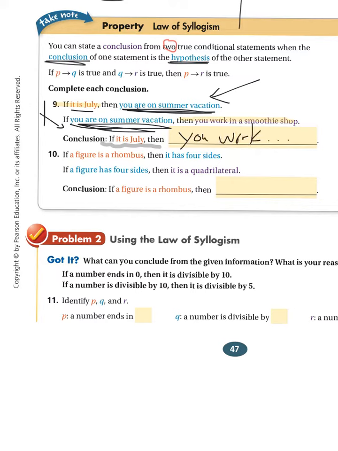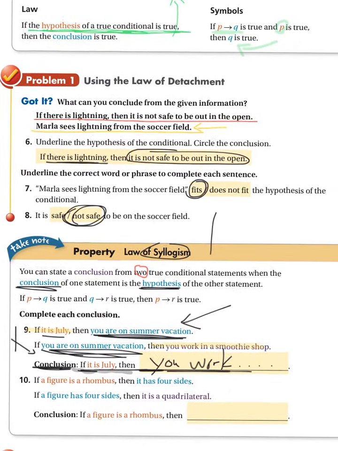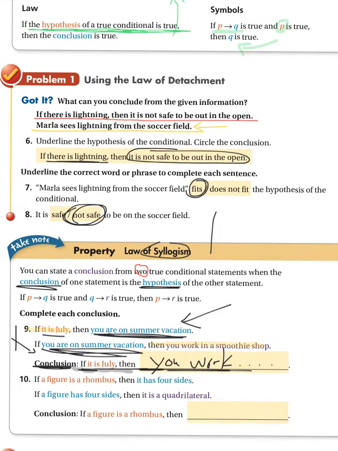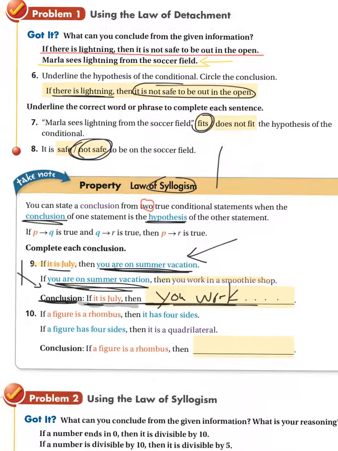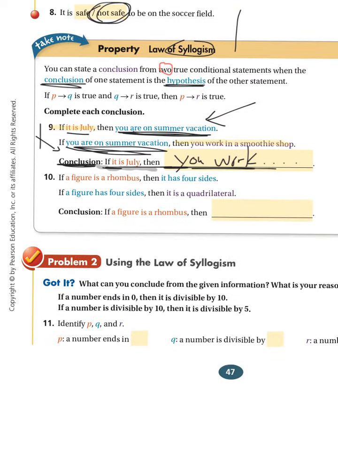I'll let you fill it in. Notice when I make a conclusion here, when I use syllogism, I'm using another if-then statement. When I did detachment, my conclusion was just, it's not safe. When I use syllogism, I make another if-then statement. I'm just linking the very beginning of the first one with the very end of the second one.